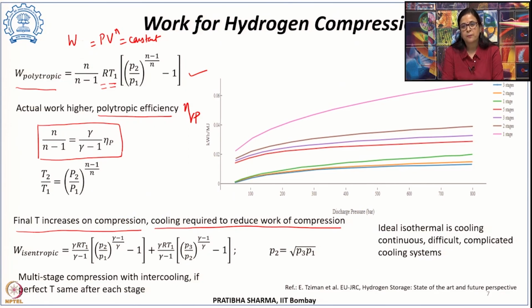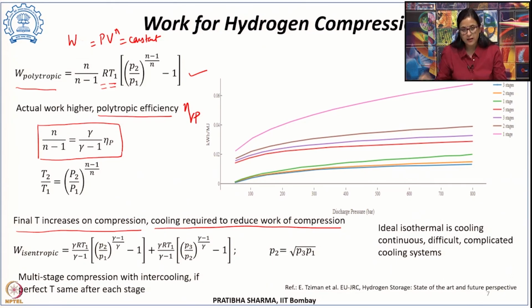The reason being, in an ideal isothermal process we remove the heat from the gas during the compression process at the same rate as it is being produced in the process, or we consider that the temperature is uniform throughout the compression.